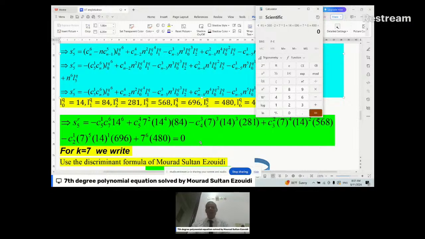So here, learners, for solving an nth degree polynomial equation, you should use my discriminant formula. And this discriminant formula has been generalized. After 14 years of work, since I was a student at the University of Science of Gafsa, I worked on this subject, and thanks to God, now I reached my target.